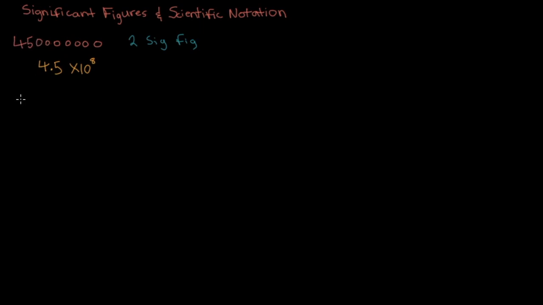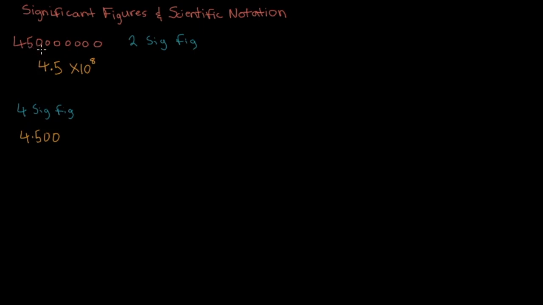So with 4 sig figs, we would do it like so. We'd write 4.5, 0, 0, and again we're going to do the same thing as we did before. We're going to start where the decimal is, and then we're going to count to the end of the number.